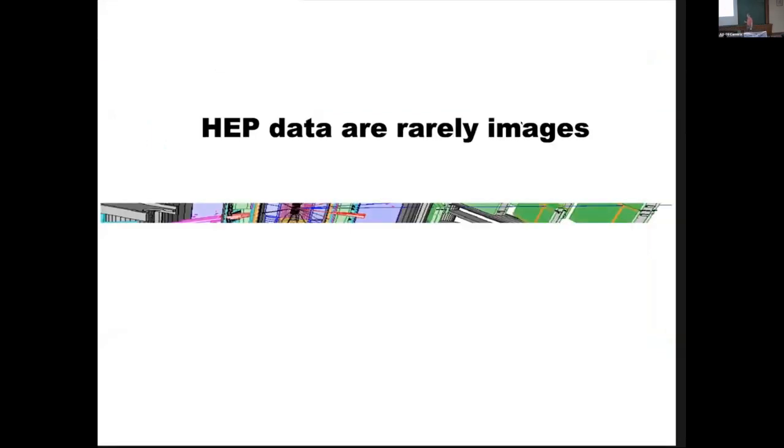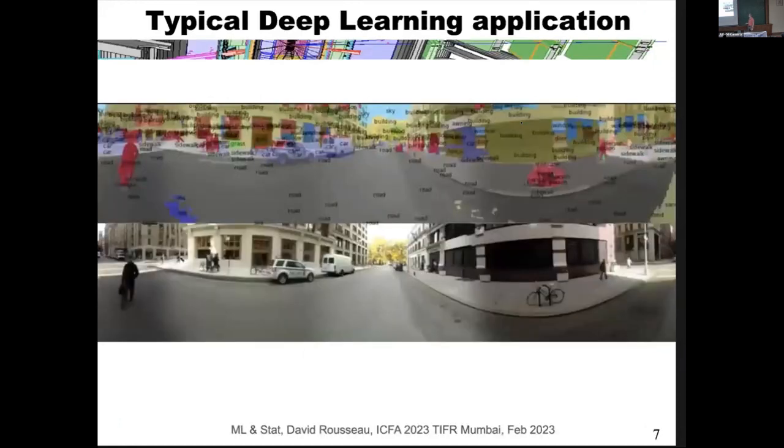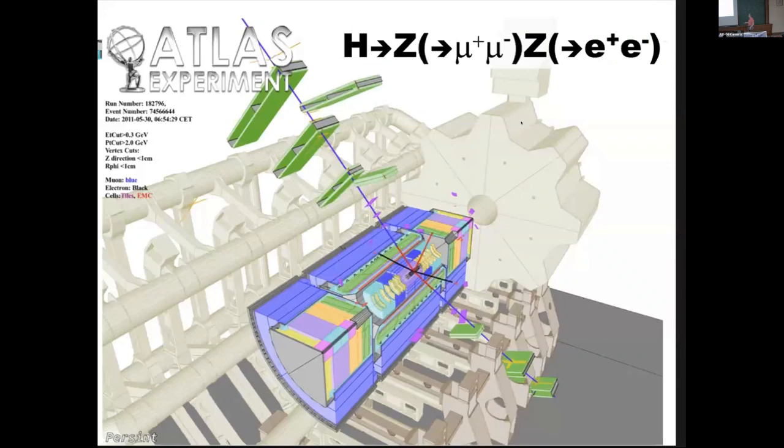Okay, the thing is that this was on images, and the data which we use in our experiments are rarely images. In astronomy, they have images, but we rarely do. I've shown this image already, which is typically what an autonomous car has to understand. But our data is more like this.